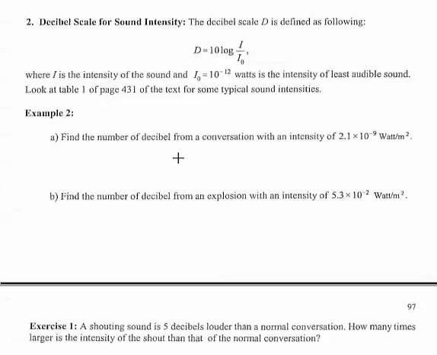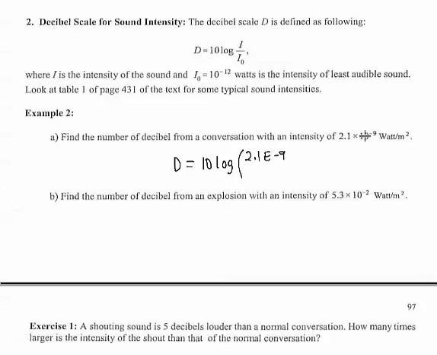So let's see, what are the decibels? Decibels are represented by D. We multiply 10 times the common log of the intensity of the sound, which was given, 2.1. I'll write e to the negative 9.